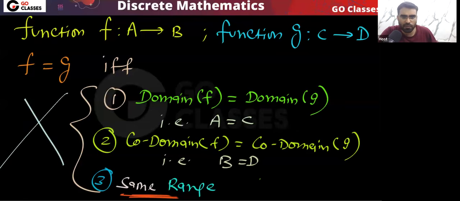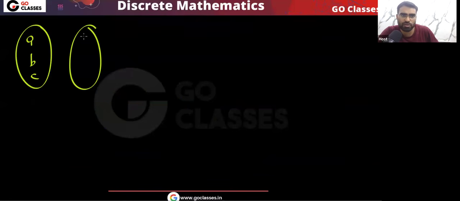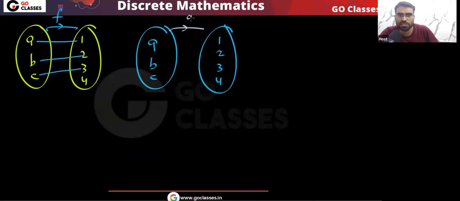Let me give you one counter example. Consider this {1, 2, 3}, for example, A, B, C to {1, 2, 3, 4}. Now, I'm giving you this function f. A is mapping to this, this, this. I'm giving you another function g from A, B, C to {1, 2, 3, 4}, where A is mapping to 2, B is mapping to 1, and C is mapping to 3.